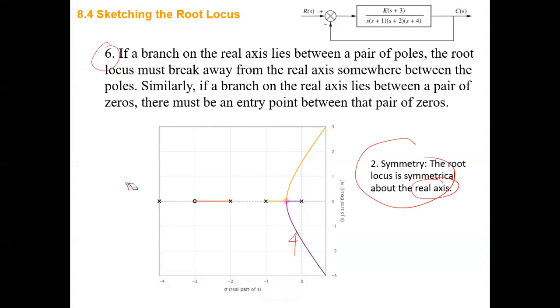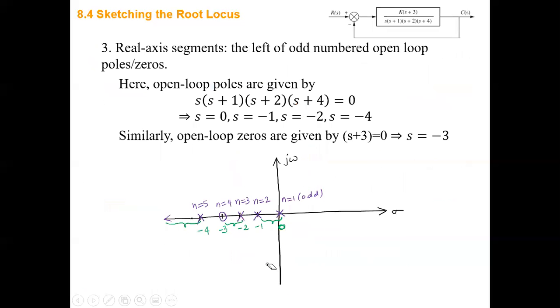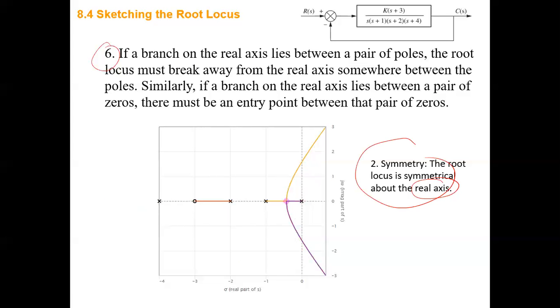Left of real axis segment means this. This is n equals 1. This is n equals 2. This is n equals 3. This is n equals 4. And this is n equals 5. It happens to the left of the R. See? Right here, left of the R. See, it's not there.